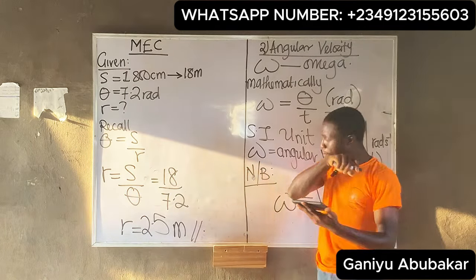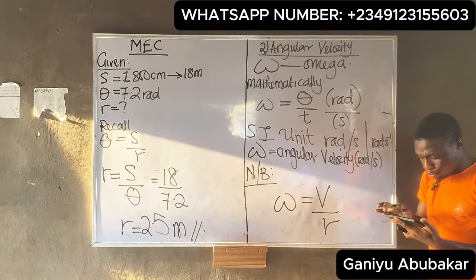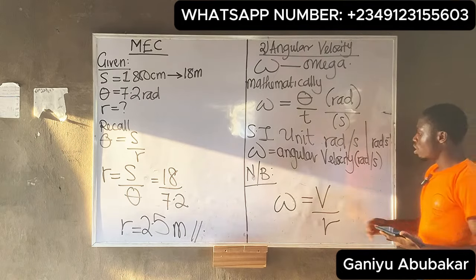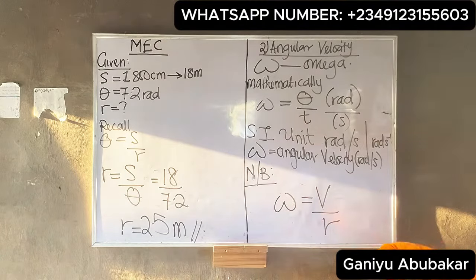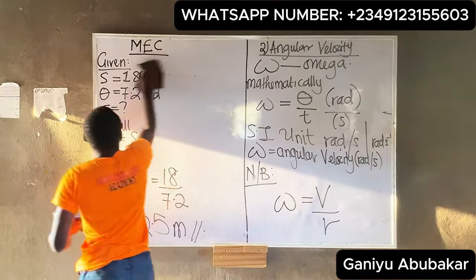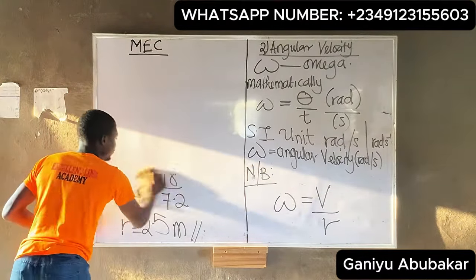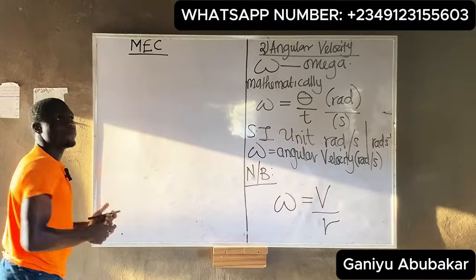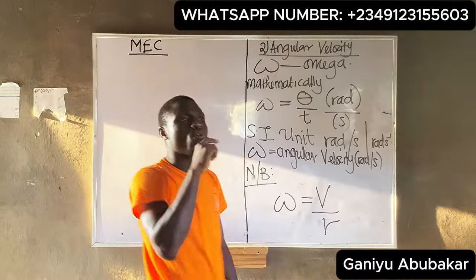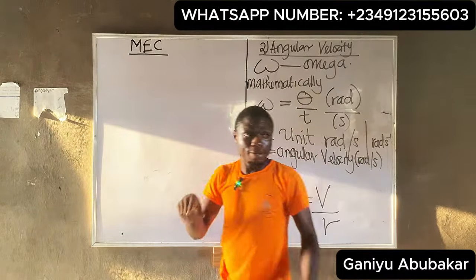Example, please. Before we do the example, have you noted this? Note number 2, please. I'll proceed. If I hear the word one revolution, what does it mean? 360 degrees. All right.